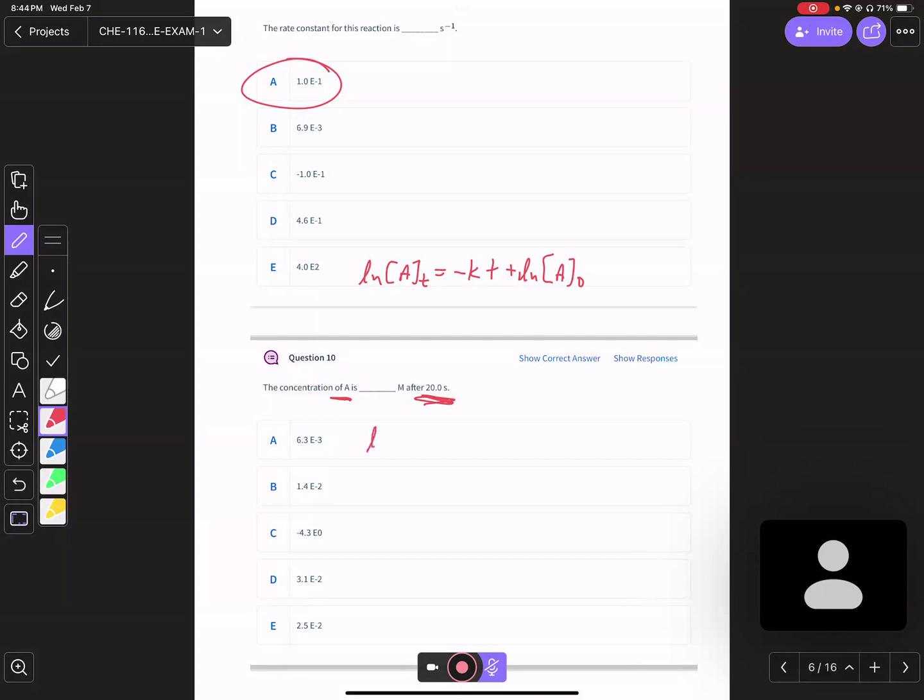We're looking for our concentration. At 20 seconds in the reaction, we know our rate constant is 0.1 inverse seconds, plus the natural log of our initial concentration. Our initial concentration was 0.1.